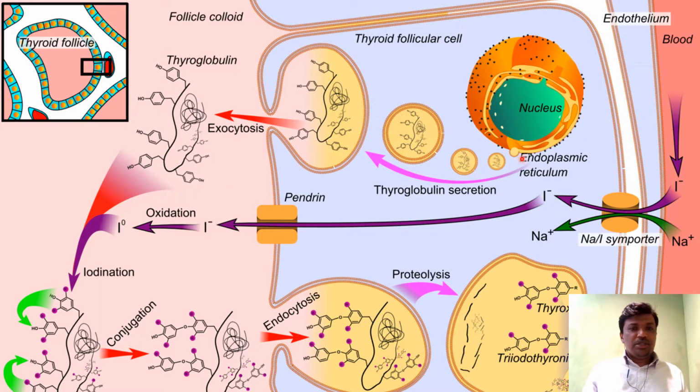At the same time, these cells also produce thyroglobulin, and these two combine together, first by iodination to form iodized thyroglobulin, and then they conjugate to form the active molecules thyroxine T4 and triiodothyronine T3, which get excreted into the circulation.